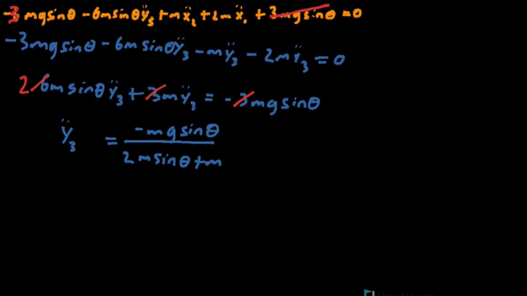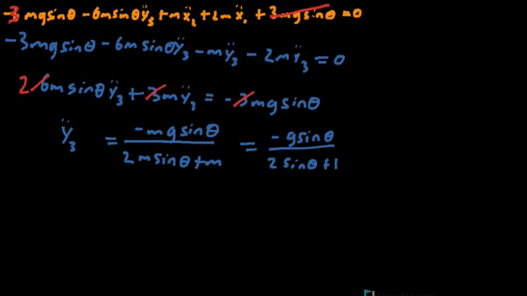And notice how there's a factor of m in each of these. So this is actually equal to minus g sine theta over 2 sine theta plus 1, which is exactly the same result we arrived at using the Newtonian calculation, except now we have the negative in the numerator instead of distributed to the denominator.